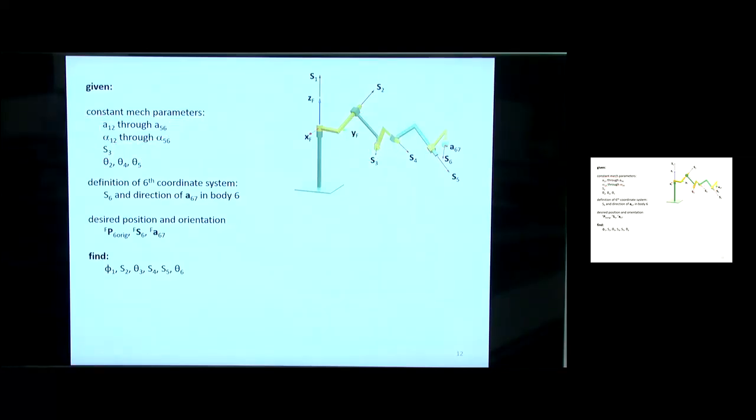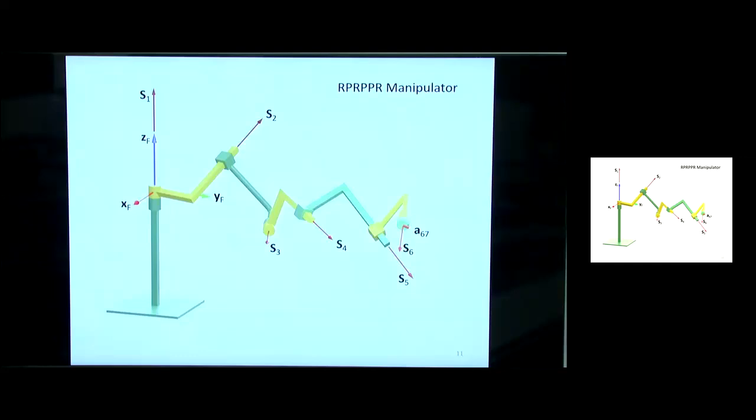And then what did we do? We needed to establish the coordinate system on here on this last body. This last body is like the mounting plate usually of the robot. So I need to pick a distance S6. So, for example, I can see the S5. I bet you that's my A56 vector.